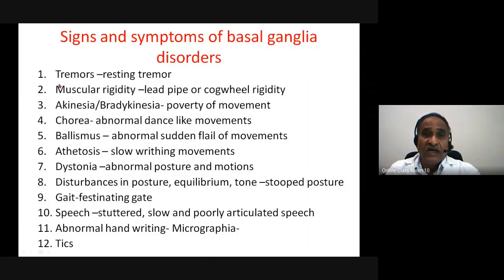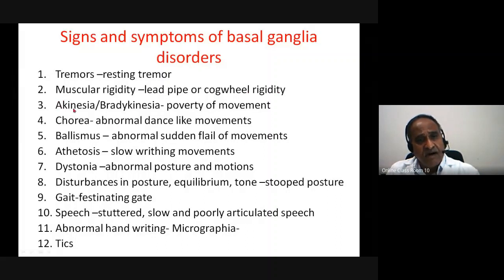One is a tremor, a resting tremor. This is a continuous rhythmic motion. Then the muscle is rigid. That is muscle rigidity, and this rigidity is lead pipe or cogwheel.